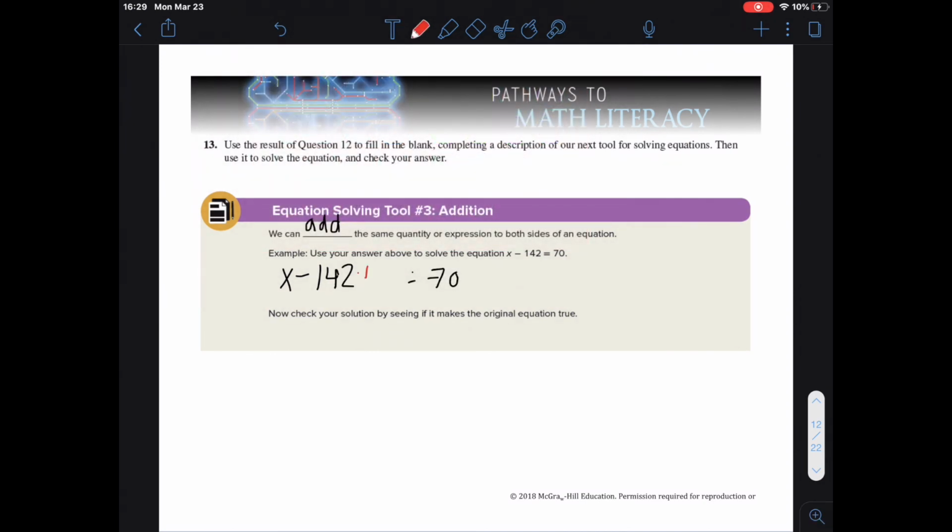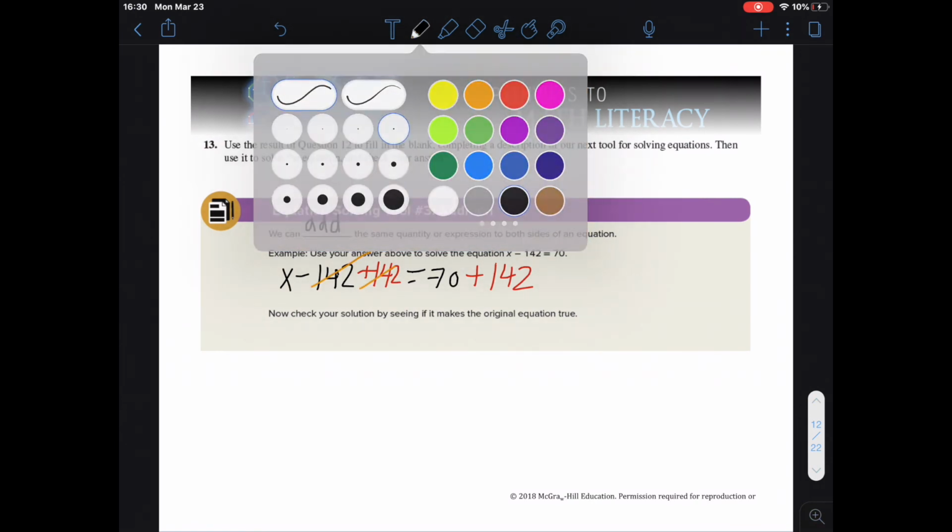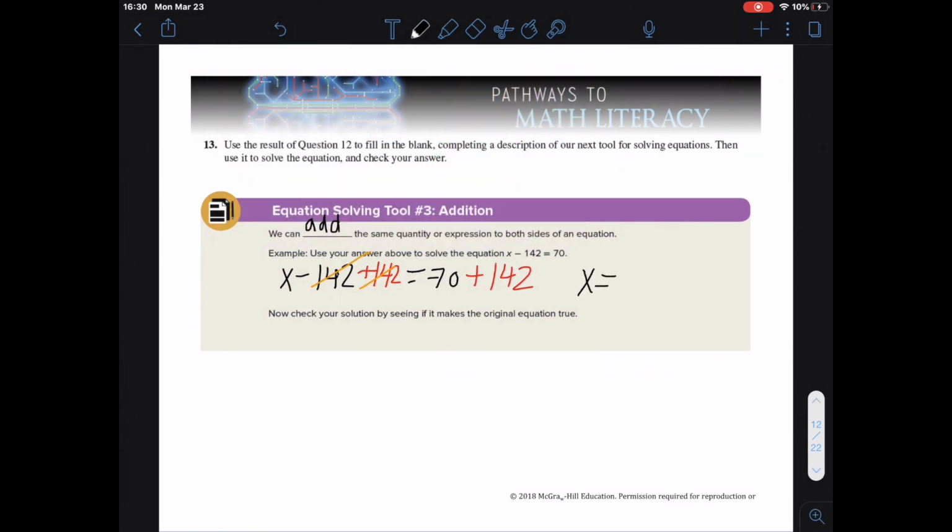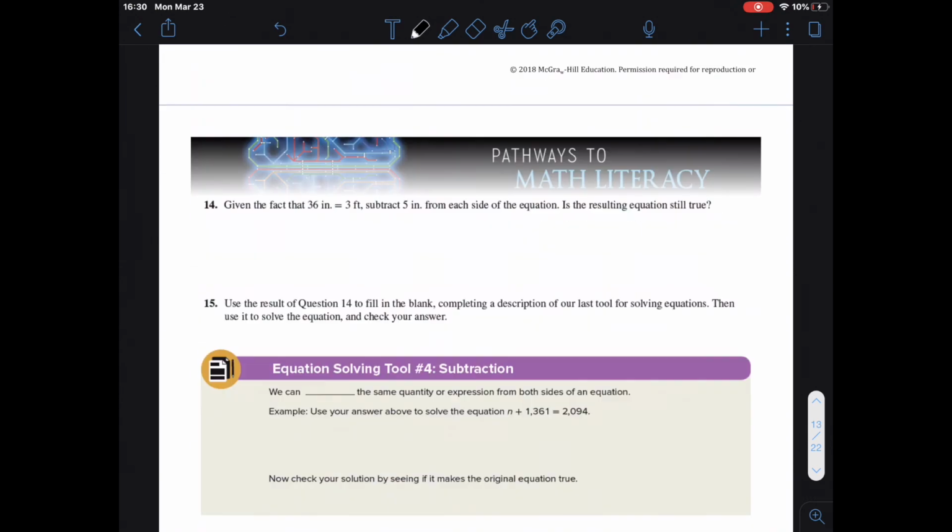So the negative 142 and positive 142 cancel. That means we have to add exactly the same quantity to the other side. But this will cause the 142s to cancel, and so we get x is equal to 212. So you can check your answer by plugging it in. X is 212, so we get 212 minus 142 does indeed equal 70. So we are okay. Right?